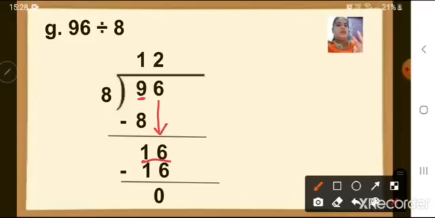How many times? 8 twos are 16. Correct? So 2 we will write here up and 16 here down. Now 16 minus 16 is equal to 0. Okay, so our remainder is 0 and our quotient is 12. Got it children?